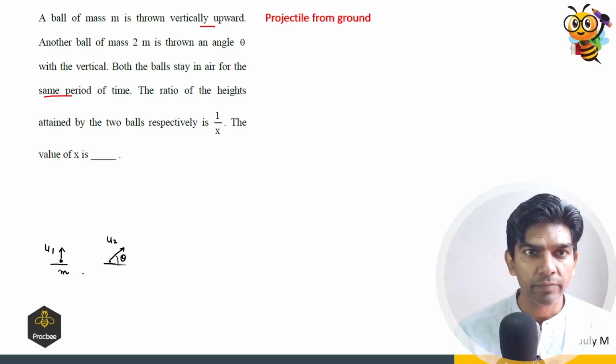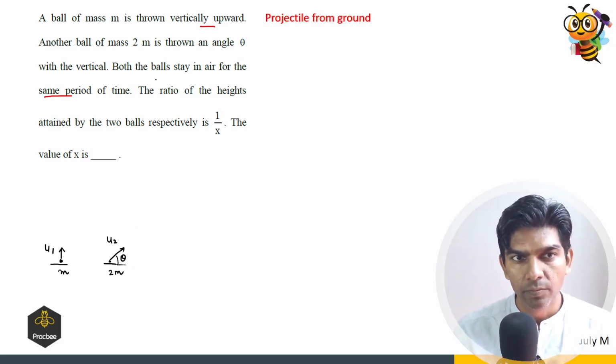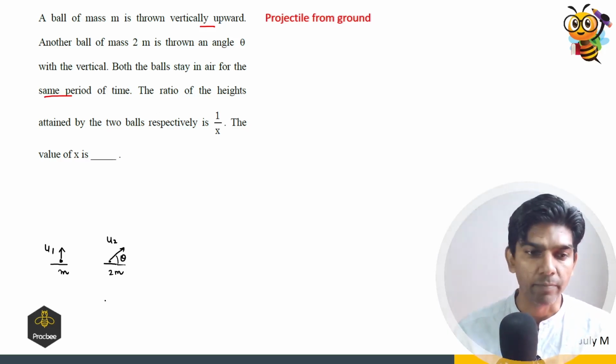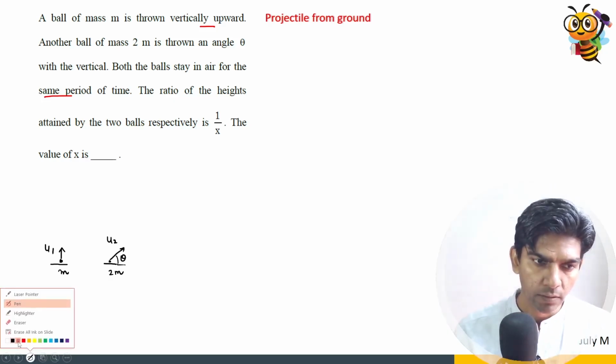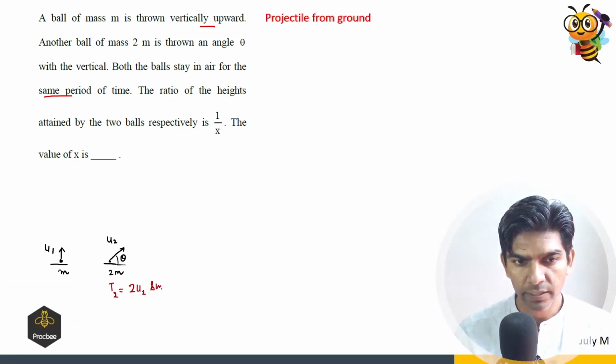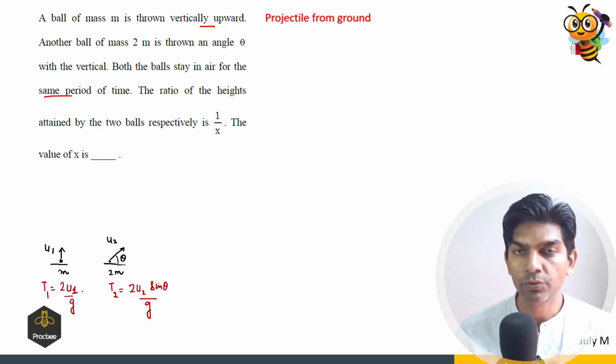This one is having a mass m, this ball is having a mass 2m, and we have given both the balls stay in air for the same amount of time, so it means the time of flight is the same. So what is t2? So t2 is 2 u2 sine theta by g. Now in case of the first ball, the time of flight will be 2 u1 by g.